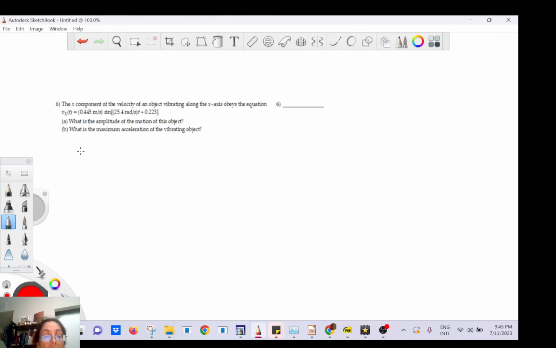So you have the x component of the velocity, 0.45. It's meter per second now. So that's going to be the magnitude of the velocity. So minus A omega sine.